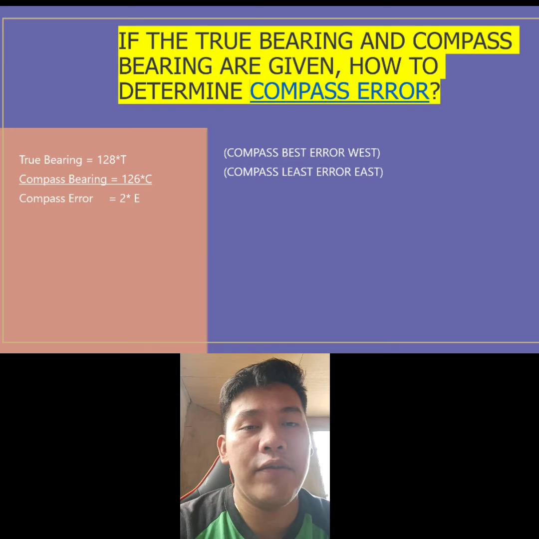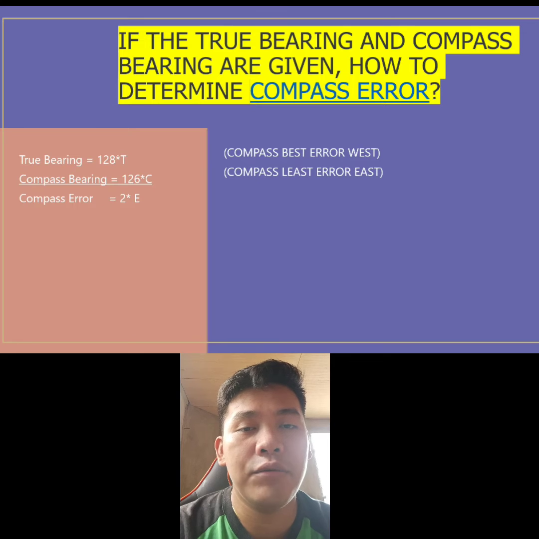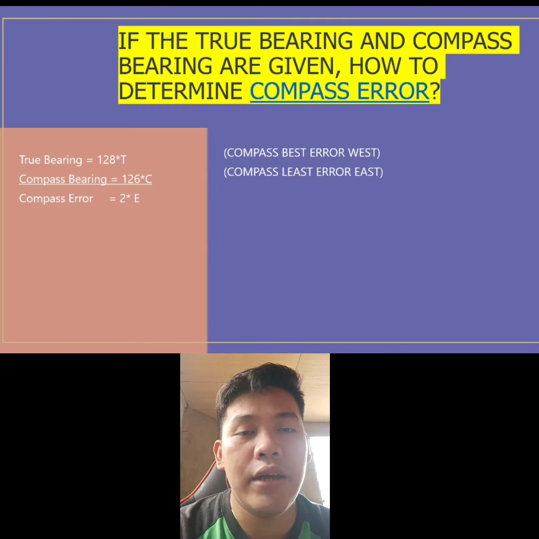So number 3, if the true bearing and compass bearing are given, how to determine compass error? To determine compass error, we need to subtract the compass bearing from the true bearing. So the true bearing is 128 degrees true, and the compass bearing is 126 degrees compass. So 128 minus 126 is equal to 2 degrees, and east is the sign because the compass bearing was smaller than the true bearing.